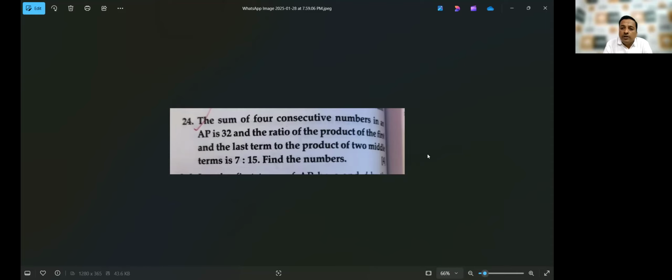Okay. So students, whenever AP में आएगा 3 consecutive terms, I think मैंने आपको बताया नहीं बताया, I don't know. In this type of sums are asked, अगर बोला AP है and 3 consecutive terms, तो you have to take a minus d, a and a plus d only. If 4 terms, a minus 3d, a minus d, a plus d and a plus 3d.